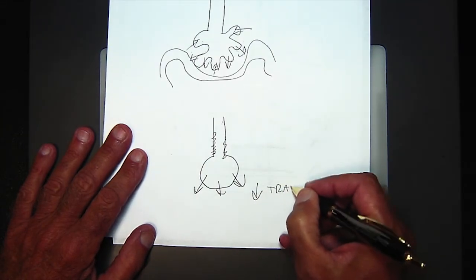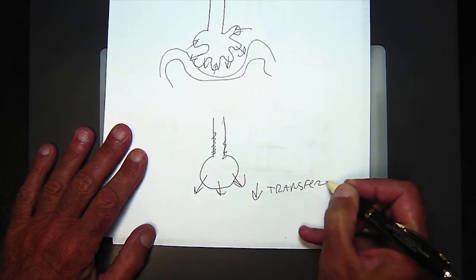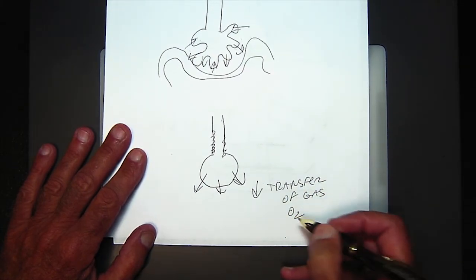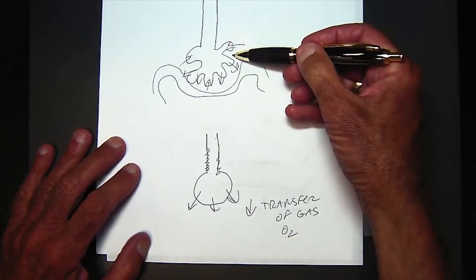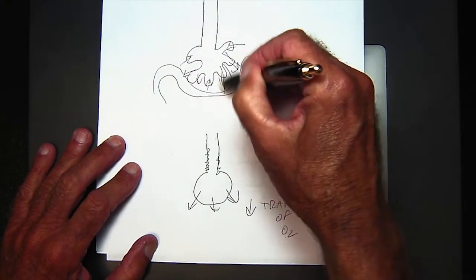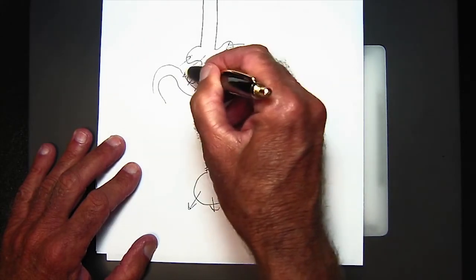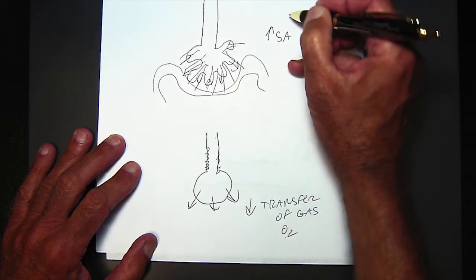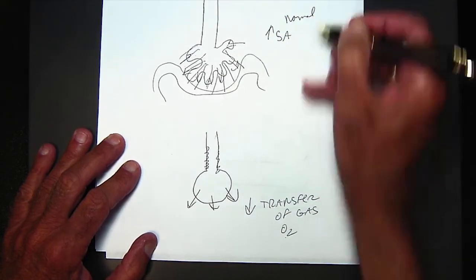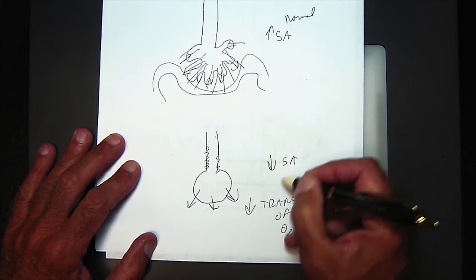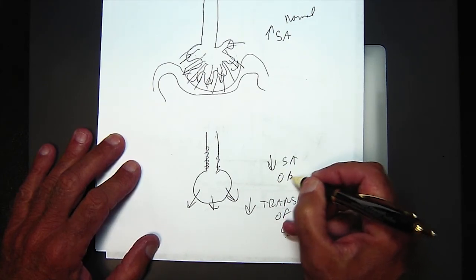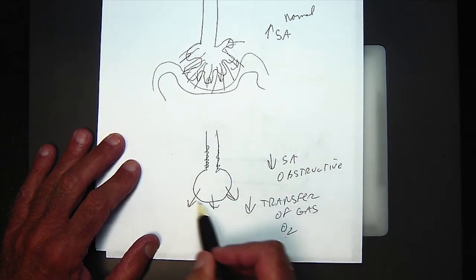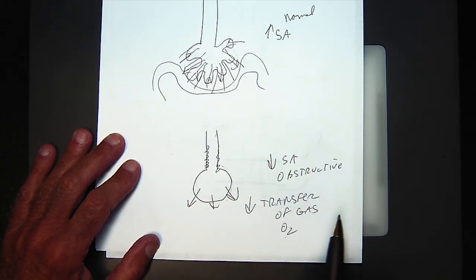So decreased transfer of gas, mainly oxygen. Well, this has an increased capacity here because of all of the surface area. So there's an increase in surface area in a normal lung, and a decrease in surface area in someone who has an obstructive pattern, because they have lost all of that surface area in the alveoli.